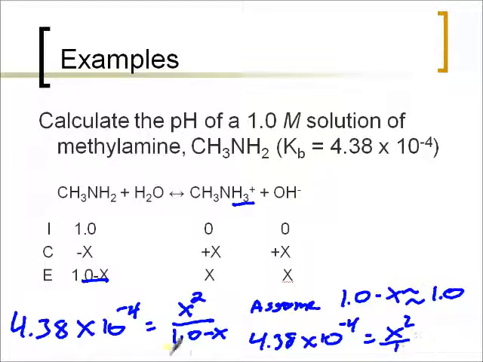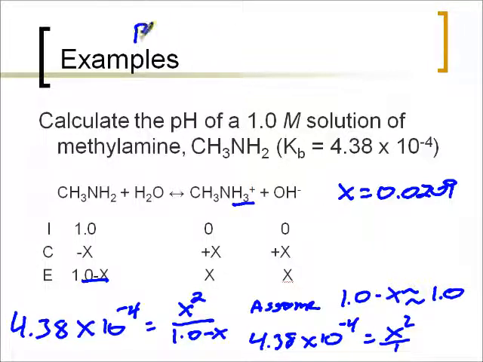In this case, I'm just solving for x squared. Okay, I got x to be 0.0209. Okay, I got a nice x. I have to check the 5% rule, but for the sake of time, I'm not going to do it. So make sure you check it. It will be within the 5% difference, so it'll pass.